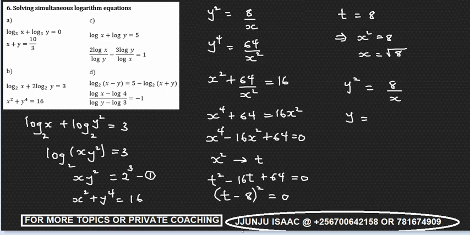Let us get x squared, because we can use this. So x squared will be equal to 8. So we can use this one here such that we get y to power 4 equal to 64 out of 8. So y will be equal to, now 64 by 8 is 8, so it will be equal to the fourth root of 8.